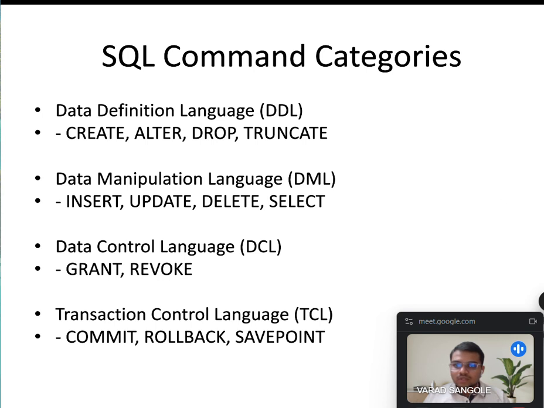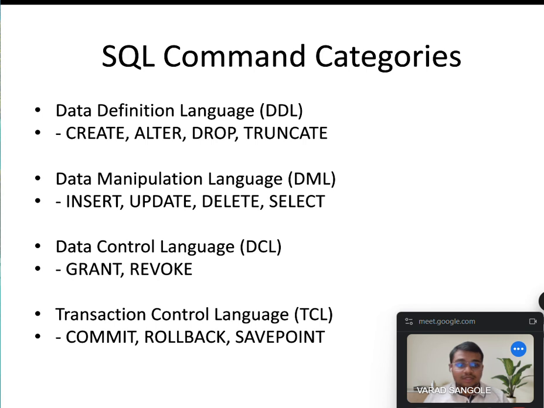Now let's see the SQL command categories. There are basically four main categories. Data definition language, that is DDL, which is used for defining database structure. The second one is the data manipulation language, that is DML. It is used for modifying data.